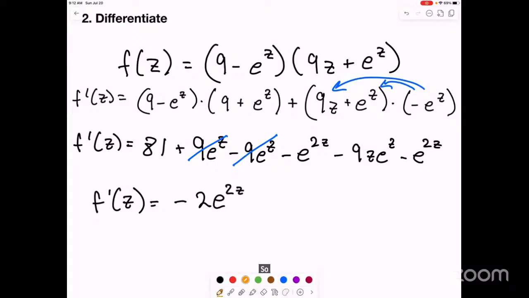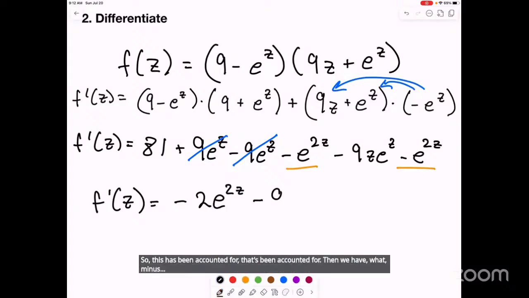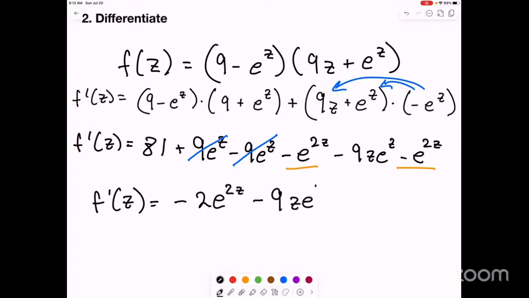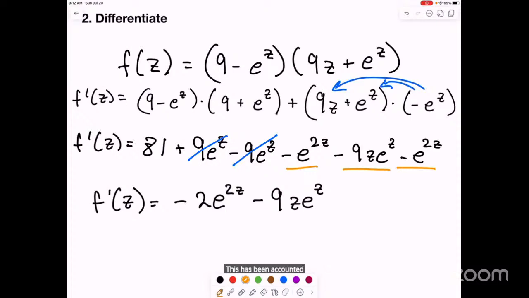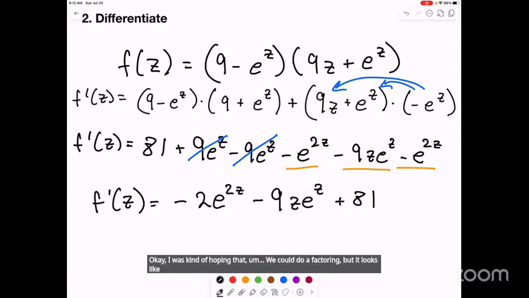So this has been accounted for, that's been accounted for. Then we have minus 9z e to the z. This has been accounted for. And then plus 81. Okay, I was kind of hoping that we could do a factoring, but it looks like the numbers aren't panning out properly.